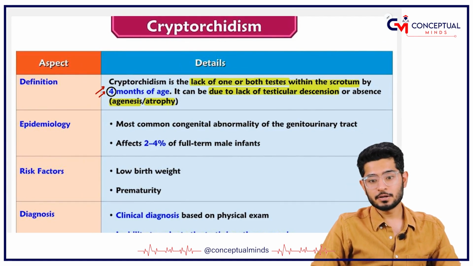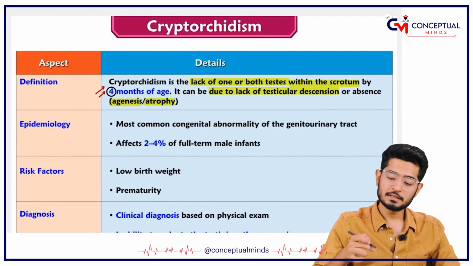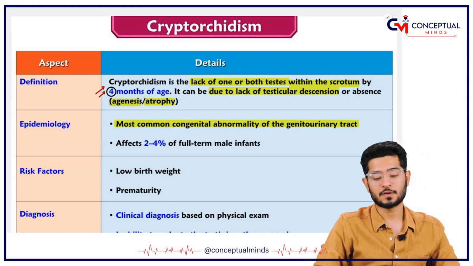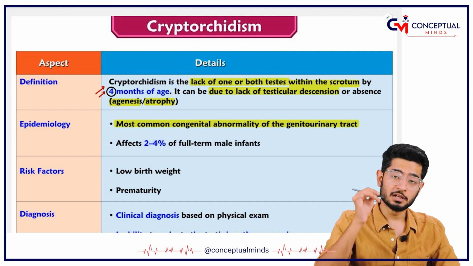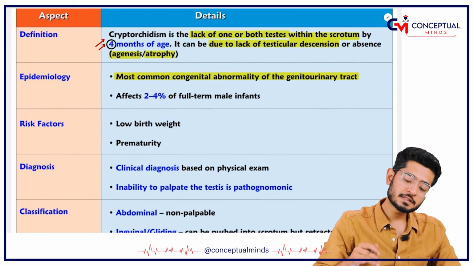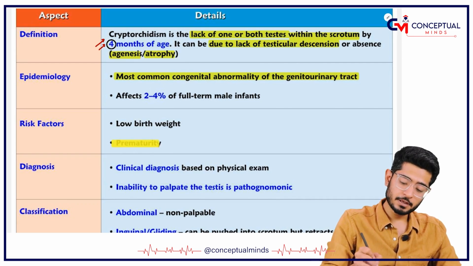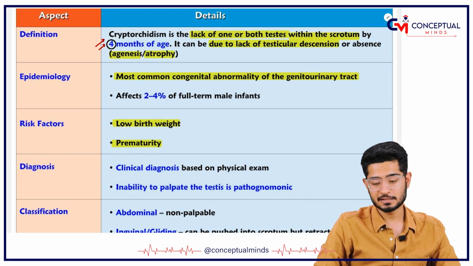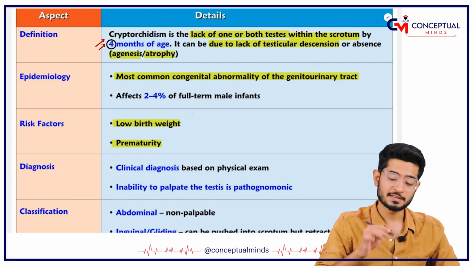So what is the epidemiology? Please understand that it is the most common congenital abnormality of the genitourinary tract. And the risk factors, of course, are prematurity and low birth weight, both of which are associated with cryptorchidism. Why is it so?